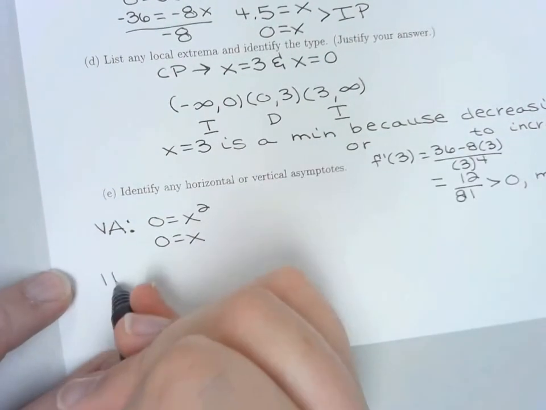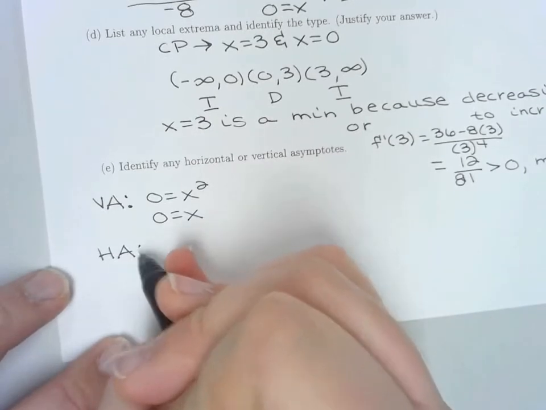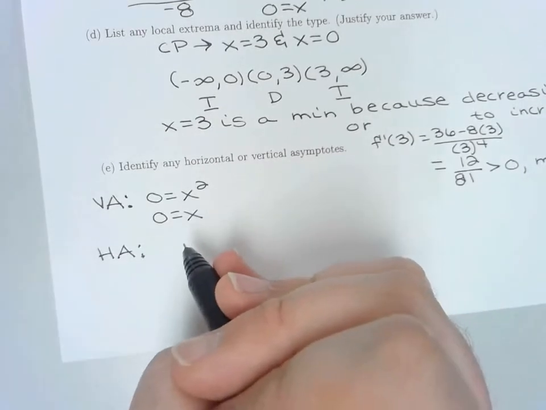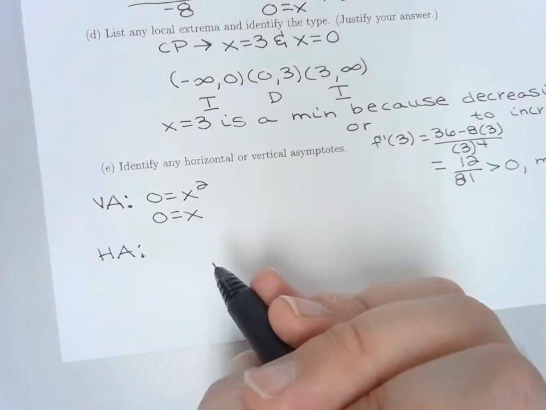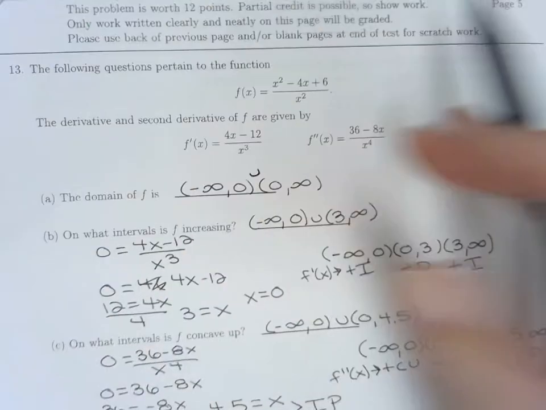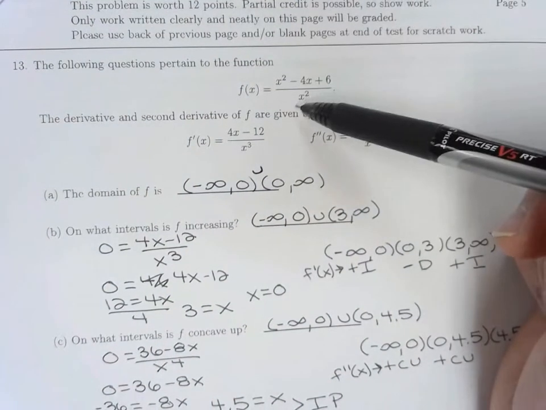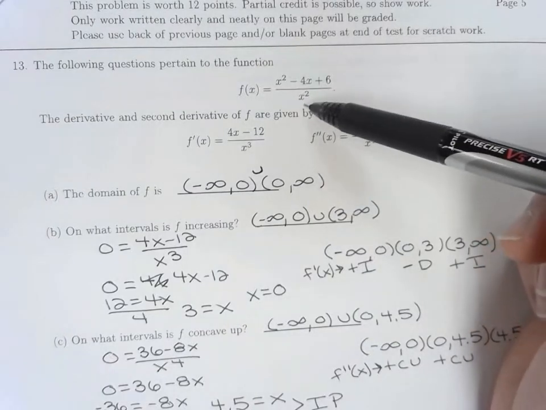Horizontal asymptote. Remember how to find that? There's a shortcut, but I would lean on the side of showing more work than just assuming. Since it's a rational function, we can look at the degree of the top and bottom. The degree of the top is 2, the degree of the bottom is 2.